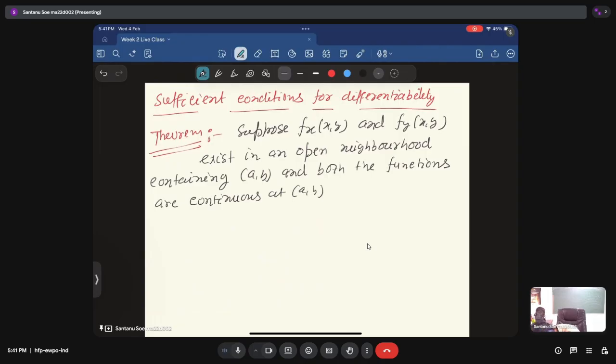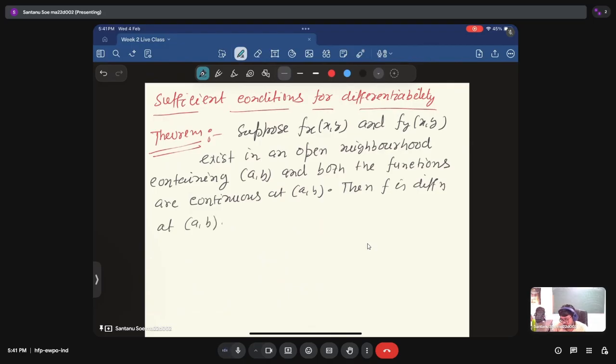Then f is differentiable at (a,b). So this is just a sufficient condition.